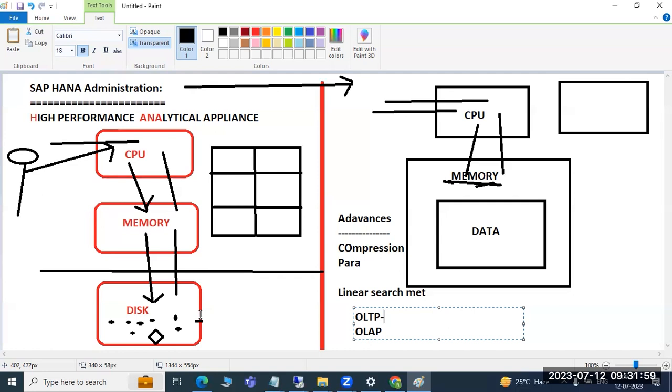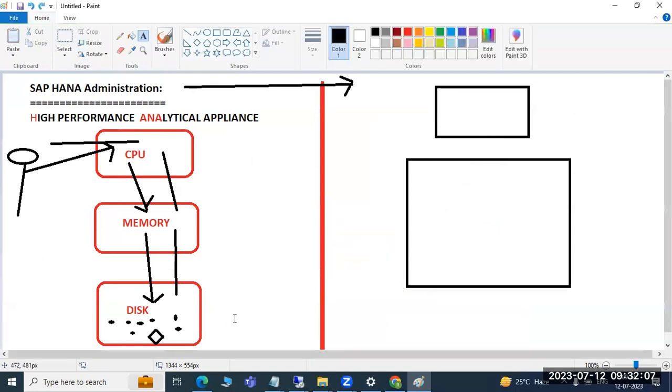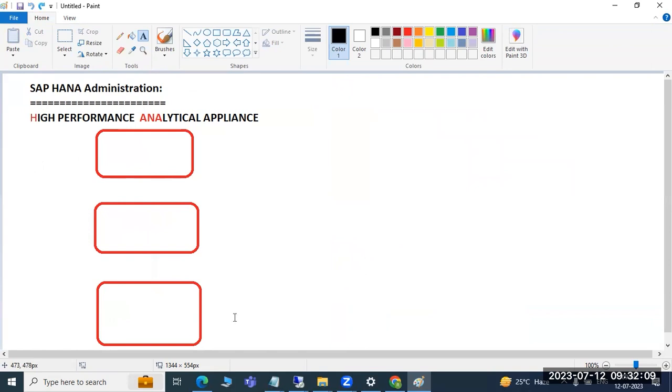But to install the HANA database, first of all, let's talk about the version. What is required to install the HANA database? To install SAP, we require software, file system requirements, hardware requirements, software requirements, all these things we discussed.